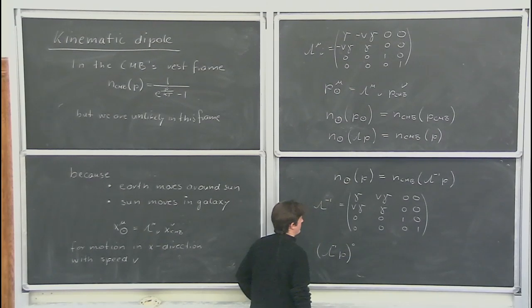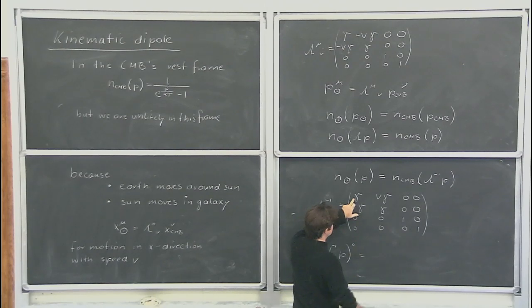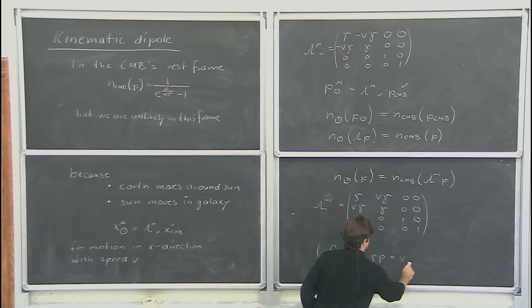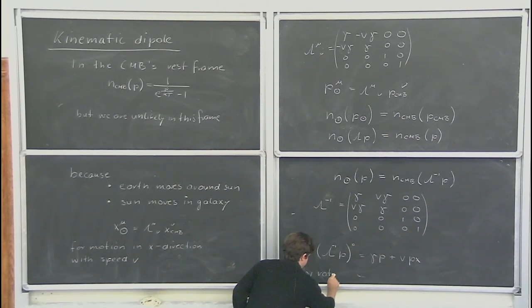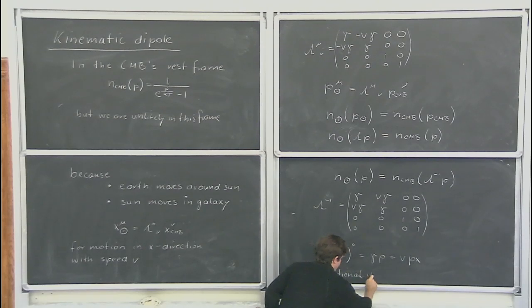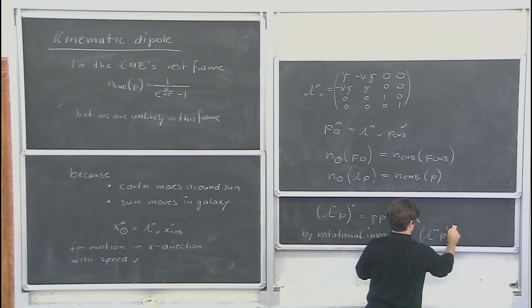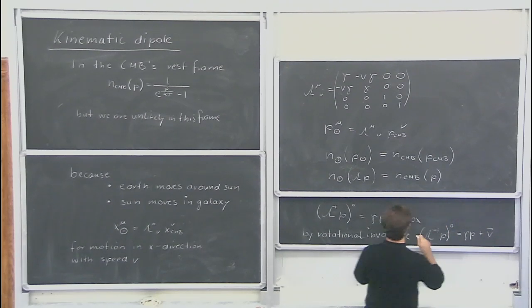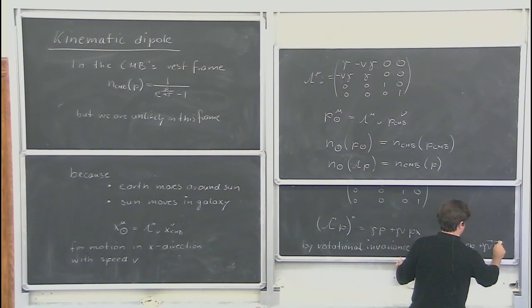So the only thing that we really need is the zero component of Λ inverse p. If you look at it in our example where we're moving along the x direction, if you multiply this by p, then you get gamma times p plus v times p_x, or by rotational invariance in general, we just have Λ inverse p, the zero component, is gamma times p plus v, and I forgot the gamma here, so there's the gamma from here, gamma times v dot p.